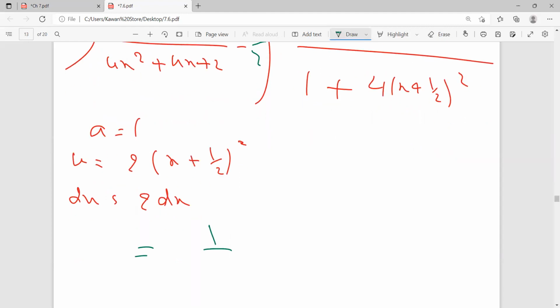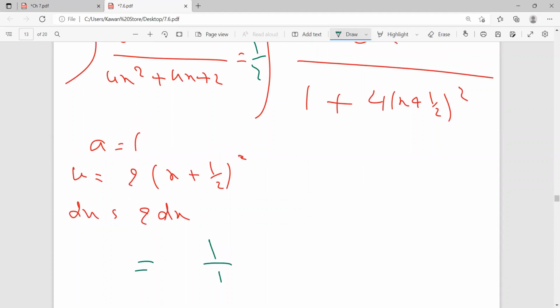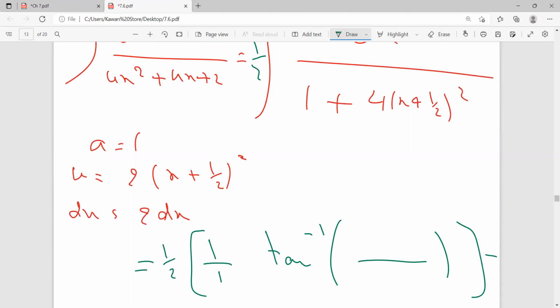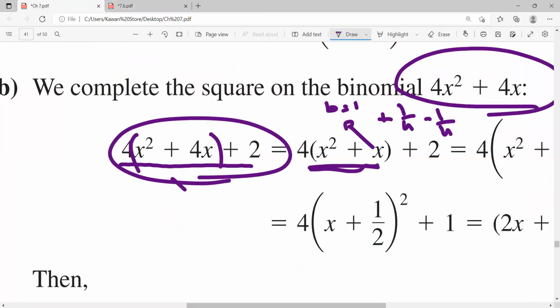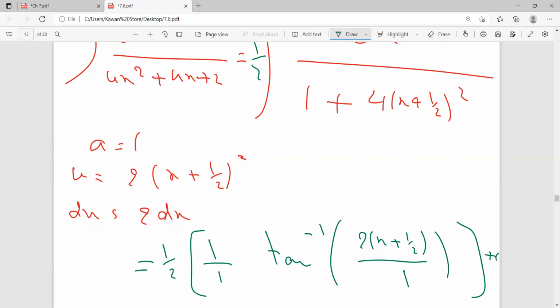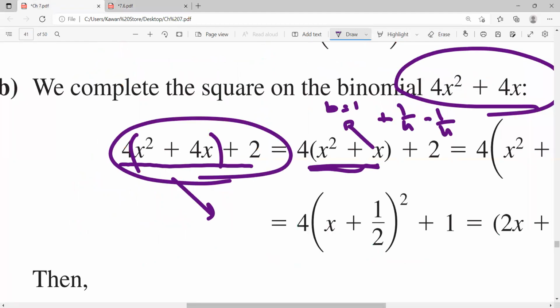So 1 over a, tan inverse of u over a. That's it. The important thing here was how to change that one to the square root, to the complete square. Then you'll get the result.